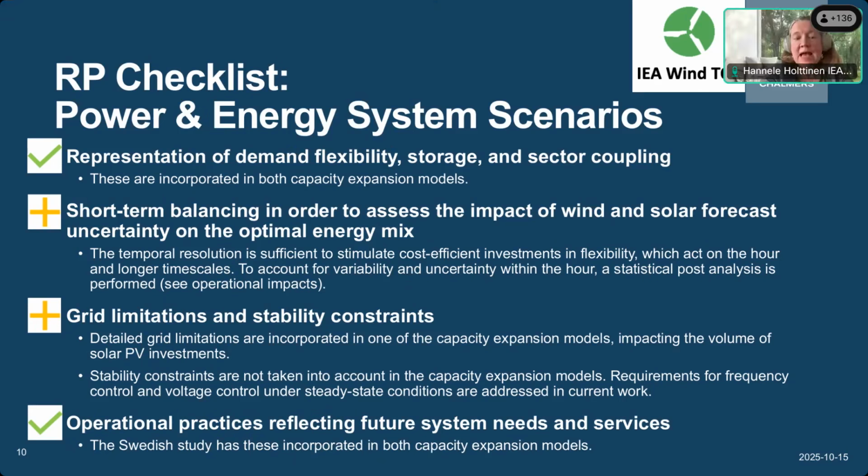Okay. And then also, in many cases, the operational practices need to be reconsidered for future system needs and services. How did you do that? I mean, we do account for new ways of operating these systems, including flexibility, different ways of using loads that we aren't used to today.